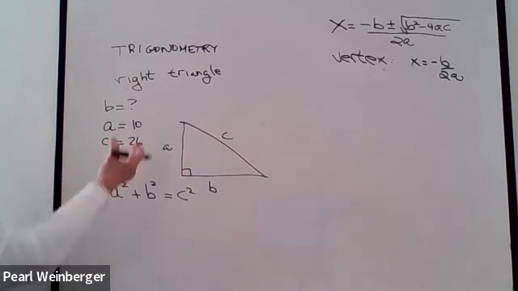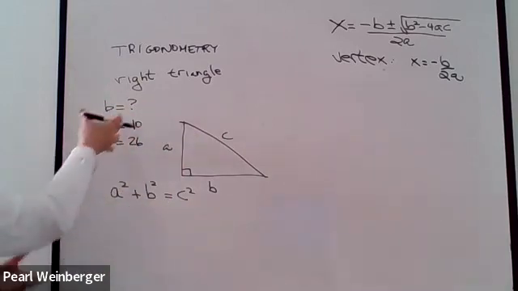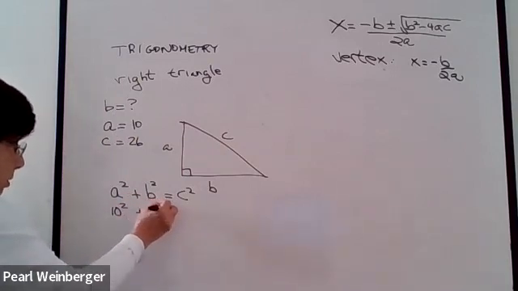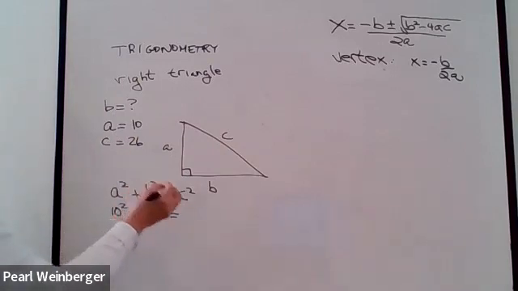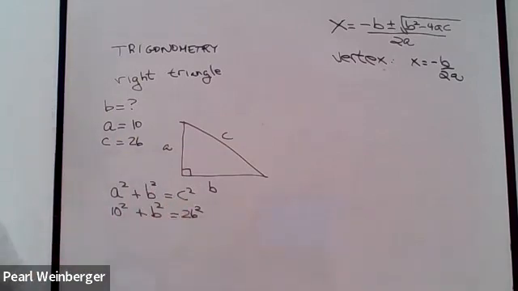So if I want to solve this question, I'm going to stick it into the formula. I know A is 10, so this is going to be 10 squared. B I don't know, so I'm going to call that B squared. And C is 26, so I'm going to do 26 squared. And of course I need my calculator to figure this out.